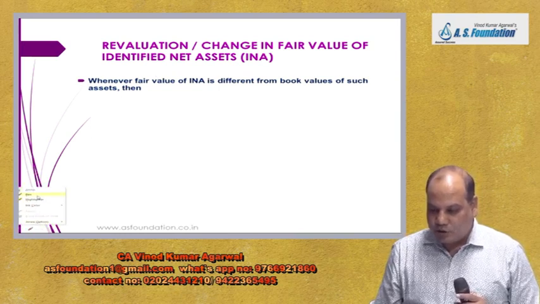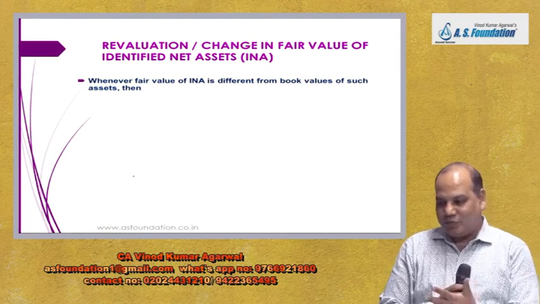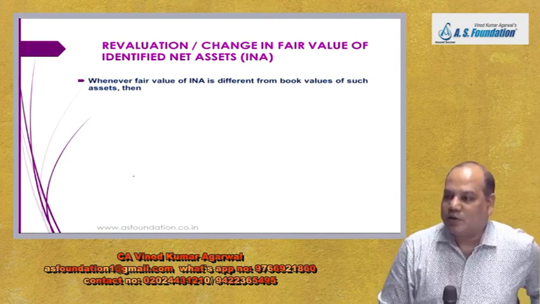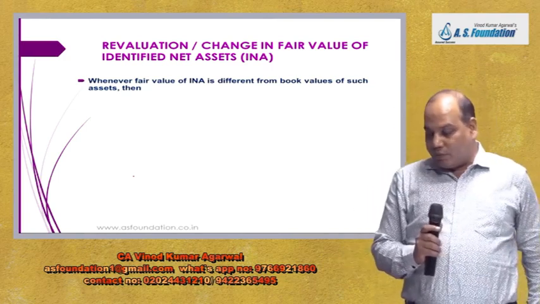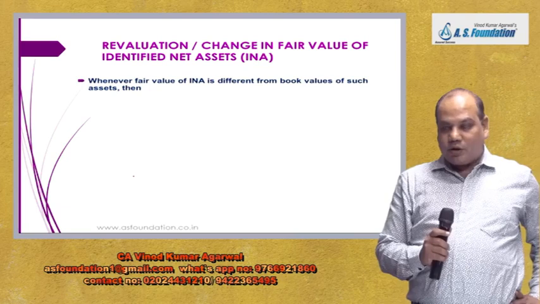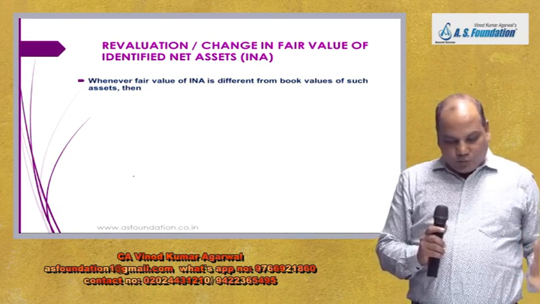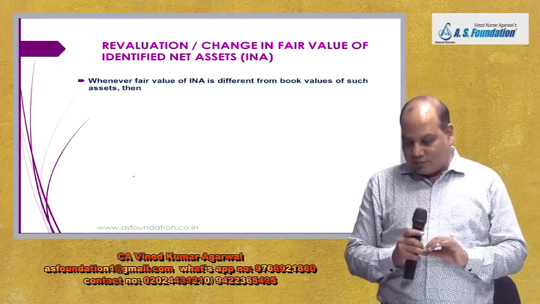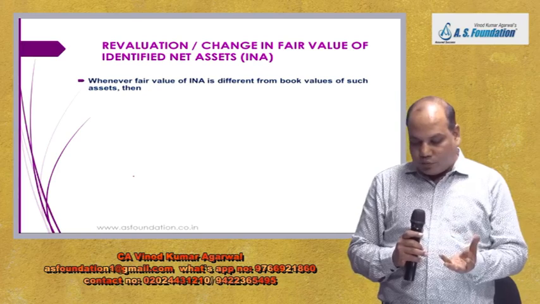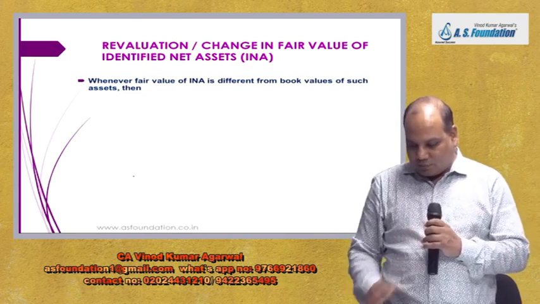So normally when you will acquire a subsidiary, that time this adjustment will be given in almost every problem, because subsidiaries' books are based on historical cost generally. And you have to compute your goodwill, which requires fair value of assets and liabilities. So you will have to increase the fair value of the assets and liabilities.